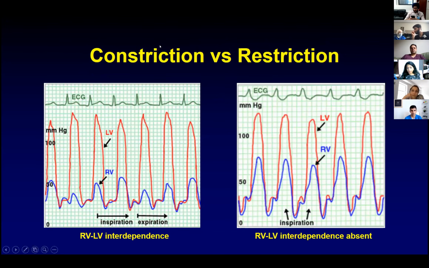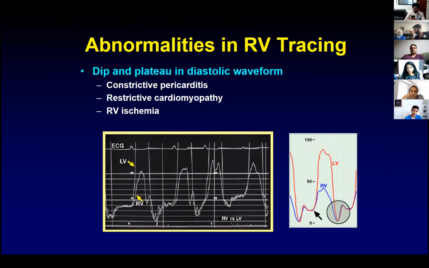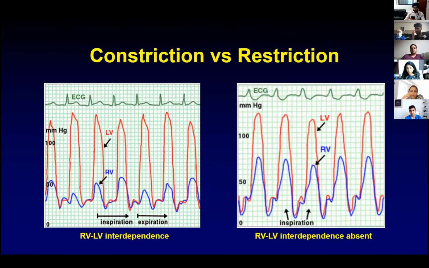So we just talked about constriction and restriction. The dip and plateau is going to be seen in both of them. An important distinguishing feature between constrictive pericarditis and restrictive cardiomyopathy is the presence of RV and LV interdependence. In constrictive pericarditis, one chamber has to fill at the expense of the other chamber. With inspiration and expiration, you'll see changes in the LV and RV filling at the expense of each other.